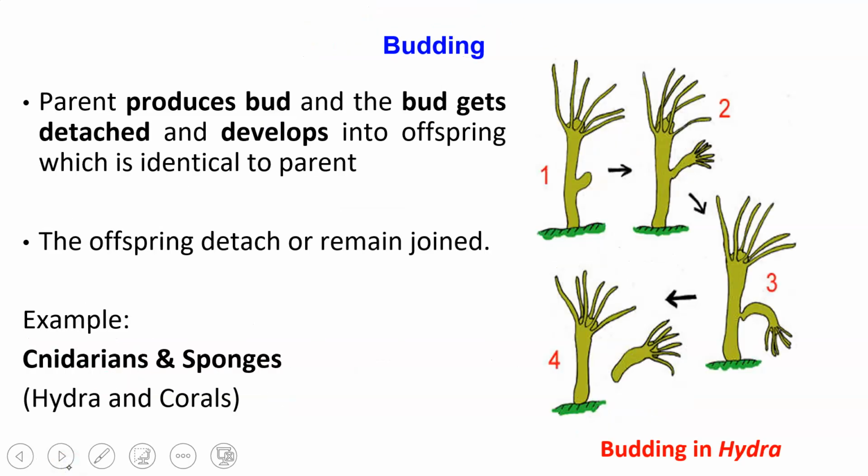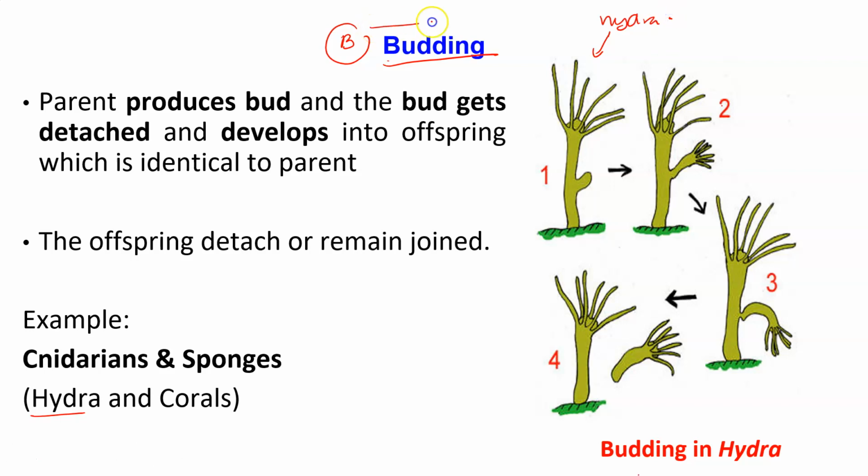For the second mechanism of asexual reproduction, which is budding, here you have a hydra. Hydra undergoes budding, where the parent produces a bud. This is the bud, and the bud gets detached and develops into an offspring which is identical to the parent.